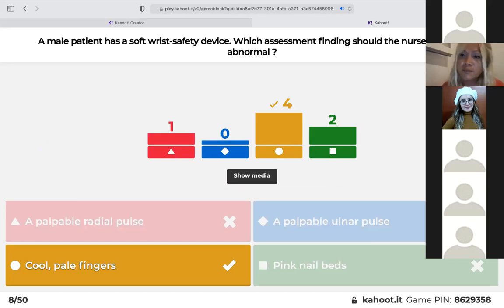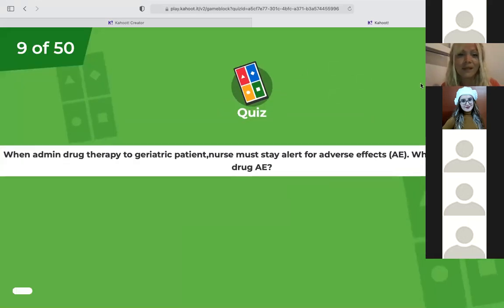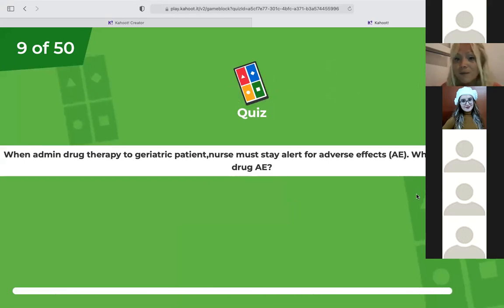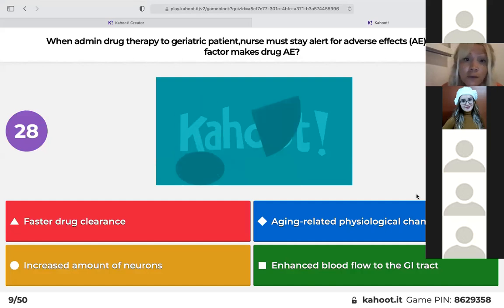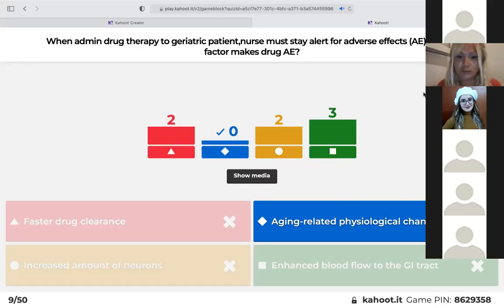Cool, pale fingers. Next question. When administering drug therapy to a geriatric patient, the nurse must stay alert for adverse effects. Which factors make drug adverse effects more likely? Aging, radiation, psychological change.